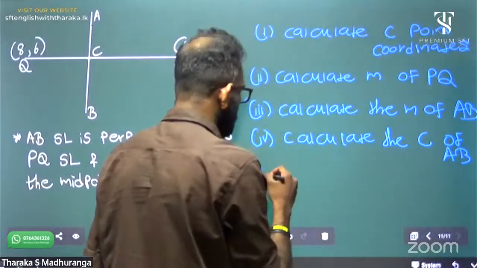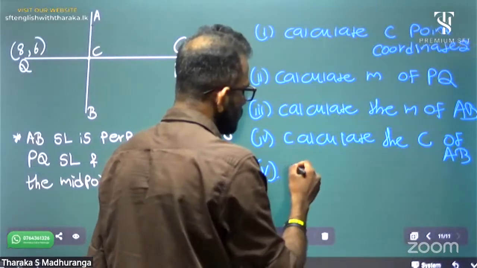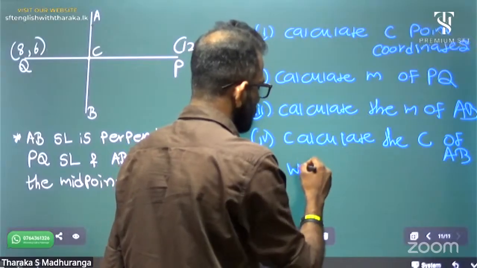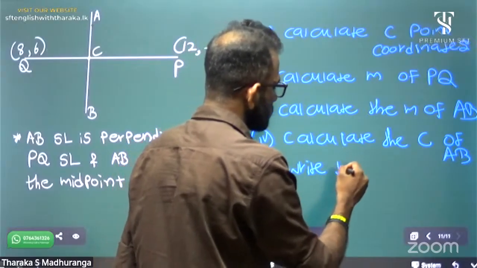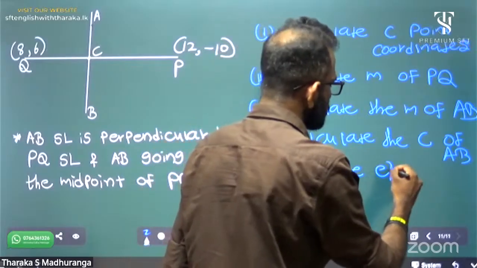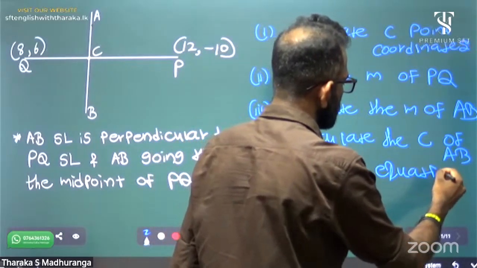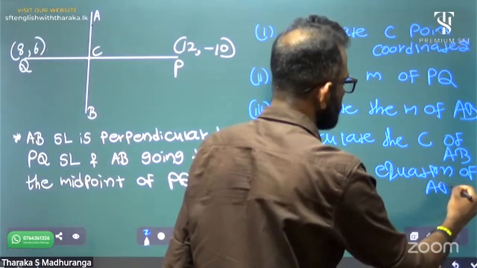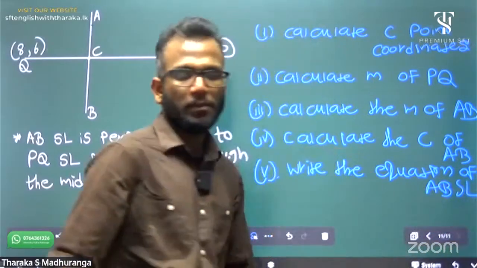Final one, write the equation of AB straight line.